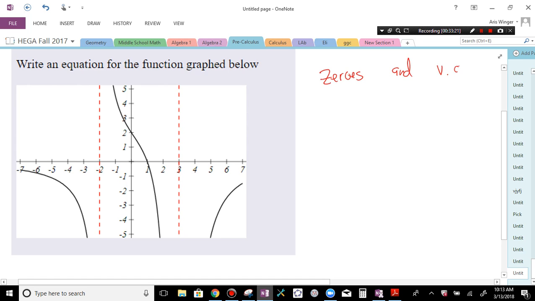Okay, so we're talking about the zeros. Looks like there's only one. So x minus 1, right? Vertical asymptotes at x plus 2, x minus 3.